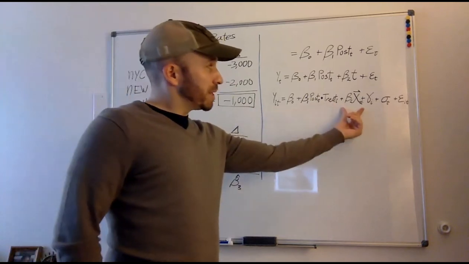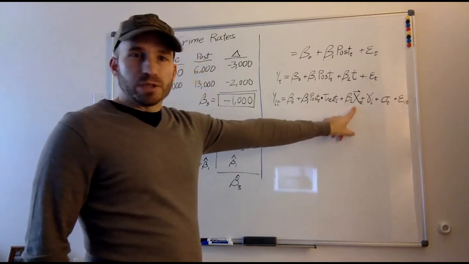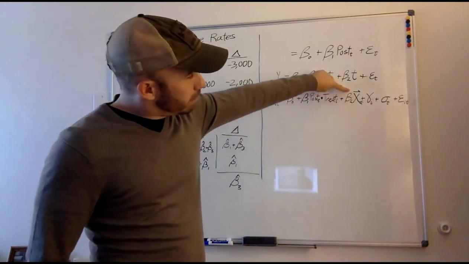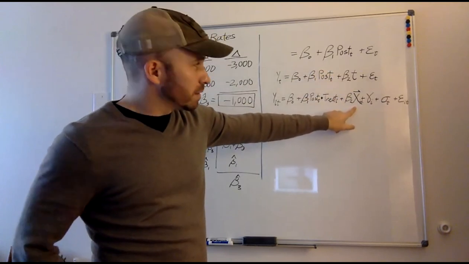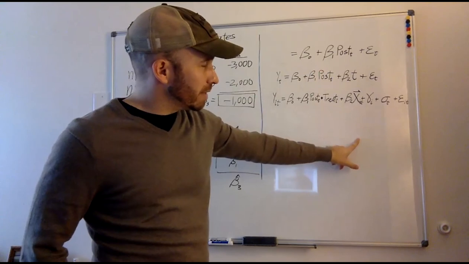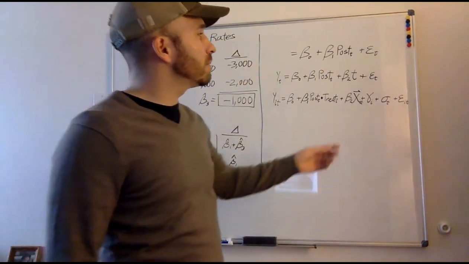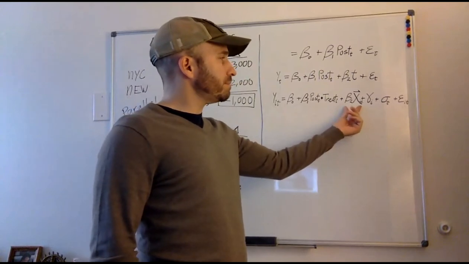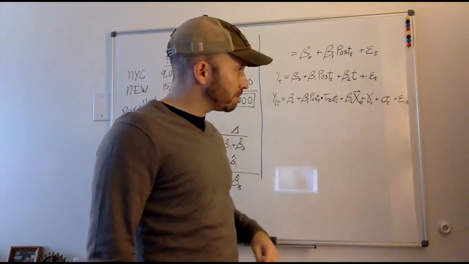And then this term here, I've included, is a set of potential controls, and indicated that this is a vector, so it's not just a single control variable. This is really a bunch of additional terms that we are including in the regression, with each of them having their own coefficient associated with them.